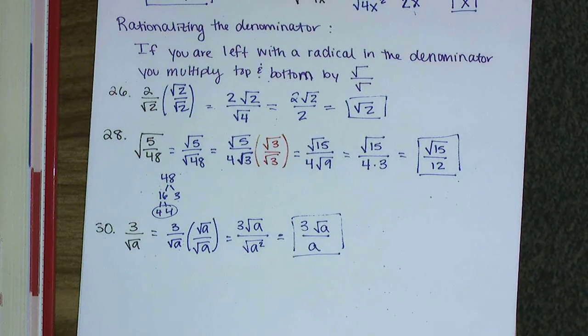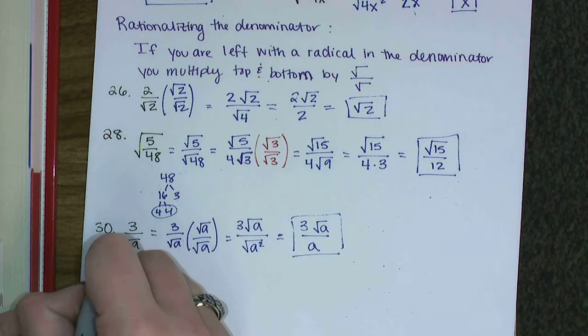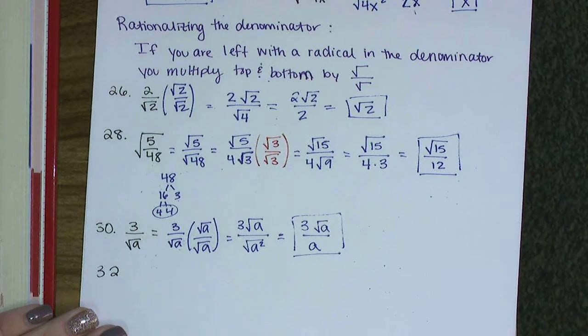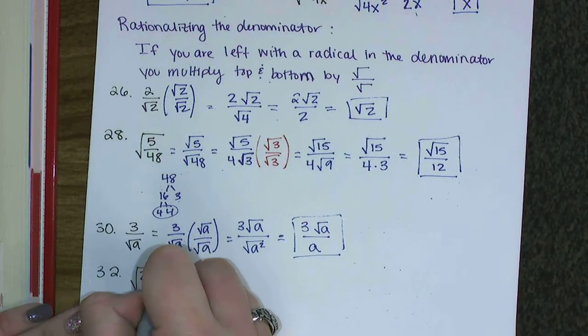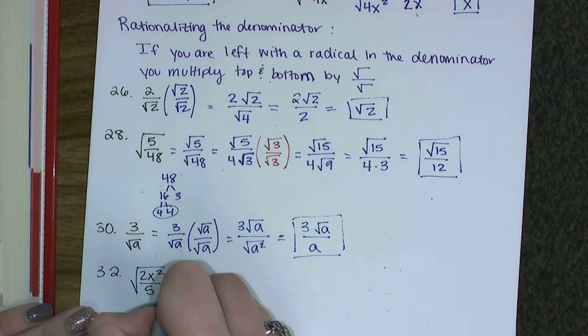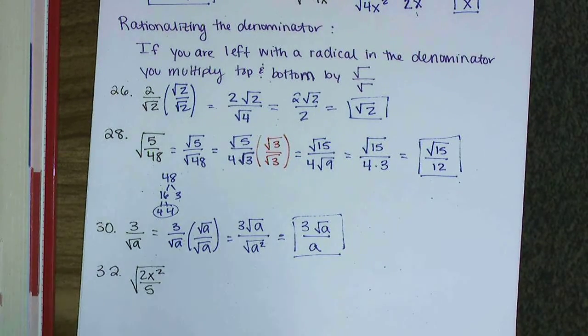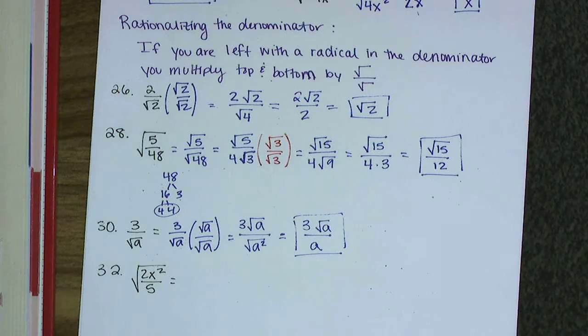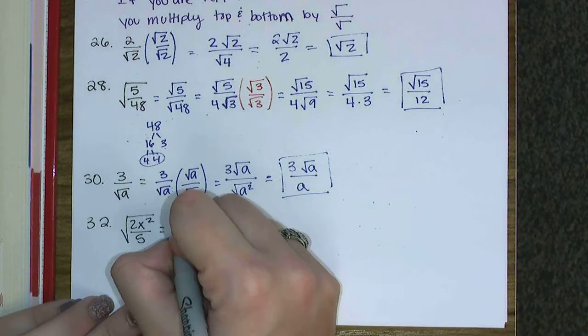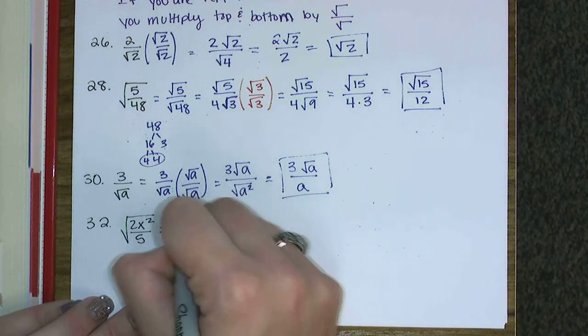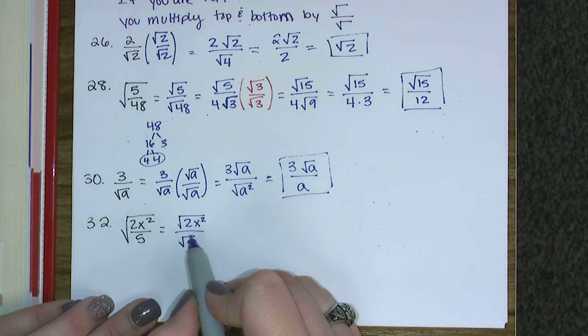Alright, 32 is the square root of 2x squared over 5. Now, with this one, I do want to split it top and bottom, by the property. So the square root of 2x squared over the square root of 5. Well, on the top I can pull out this x squared, so I can pull out an x: x times the square root of 2 over the square root of 5.